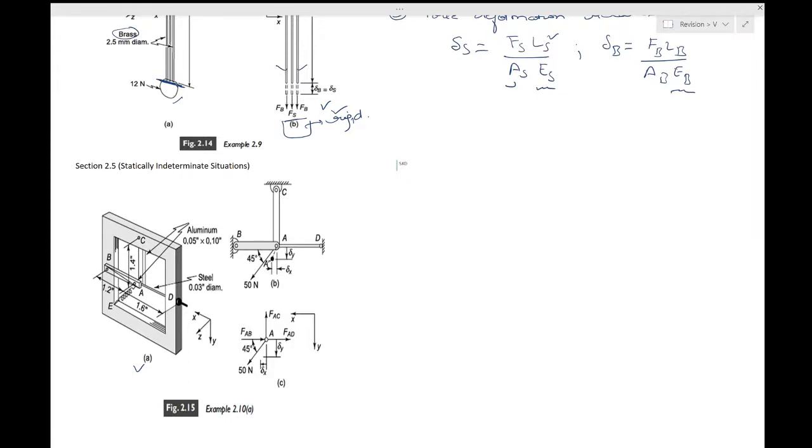So these are the two aluminum bars, this one and this one. Okay, it's already shown by a diagram also. So the dimensions are given. I think in the imperial units you will have to convert it to the SI system, and then you have one steel rod mounted in a stiff frame. So this is the steel rod and it is mounted on the stiff frame. So this is the stiff frame.